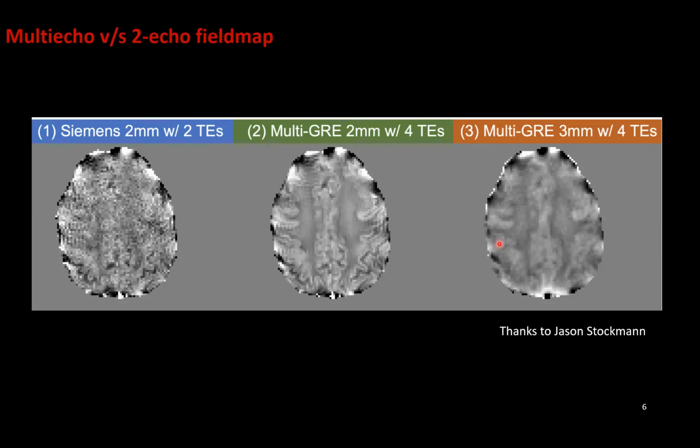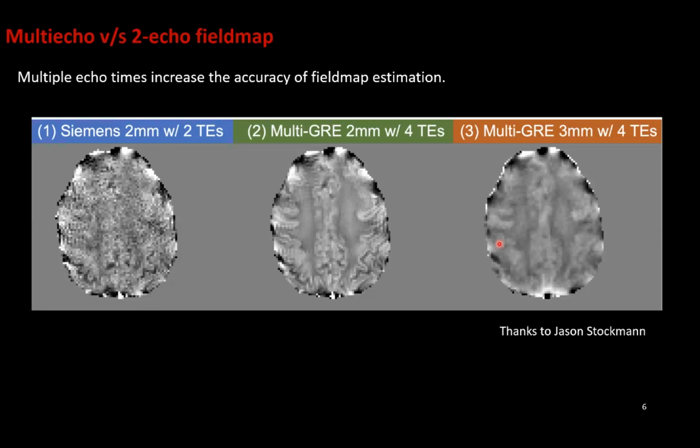Second, we are used to 2-echo field maps, right? It sounds very simple to take a phase difference, but these phase differences can be noisy. This is some really nice work by Jason Stockman, where he showed that if you take multiple echo times and do the same estimate instead of just taking 2 echoes, you can increase the accuracy of your field map.